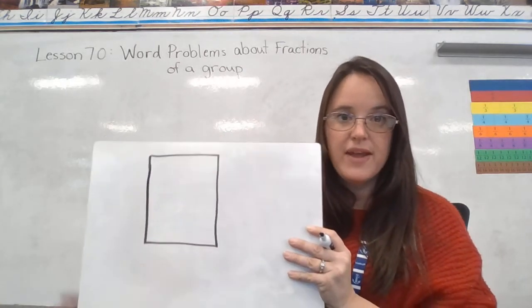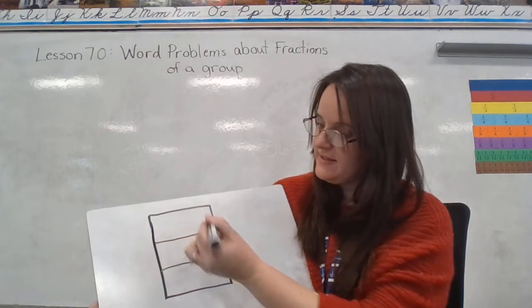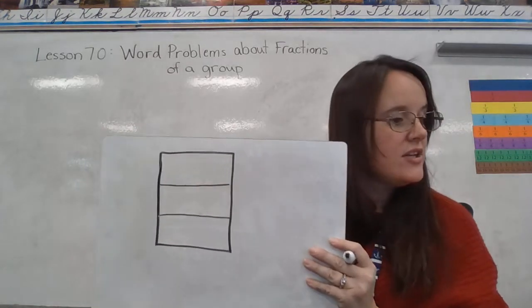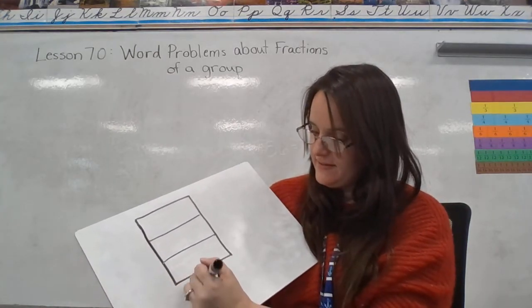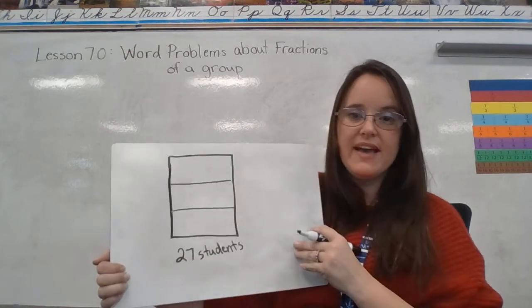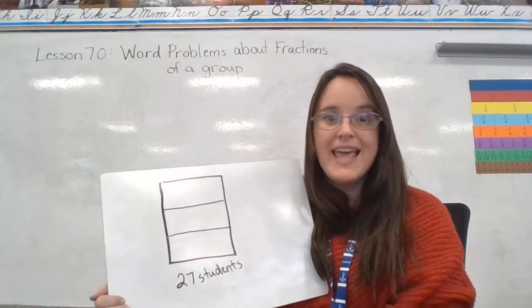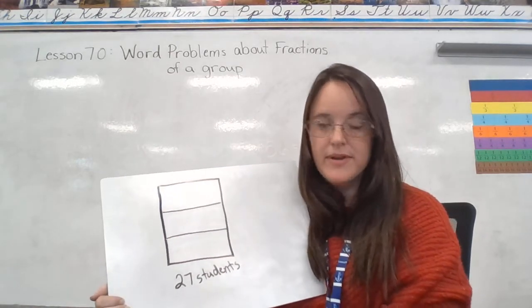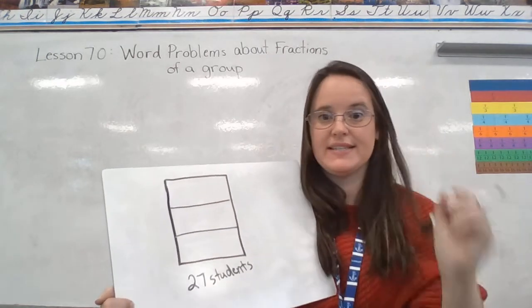So we're going to take our rectangle and divide it in thirds. So there are 27 total students. We have to decide how many go in each box. It has to be the same number because thirds are all equal pieces.